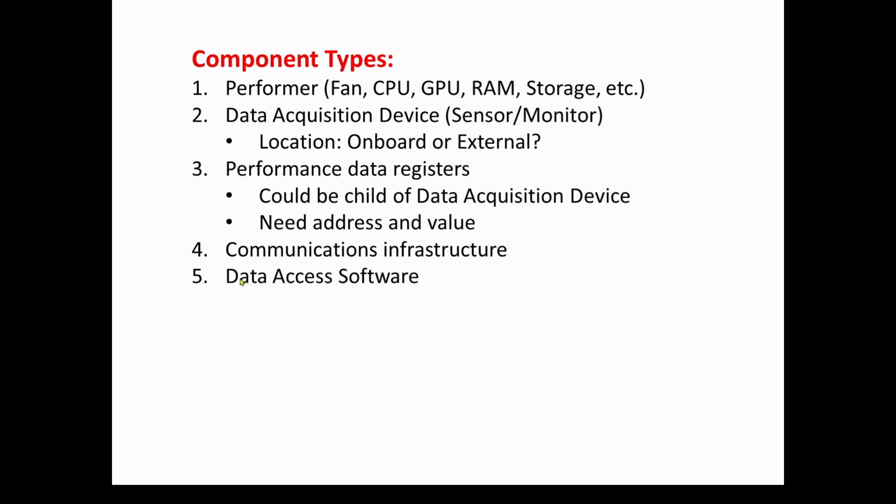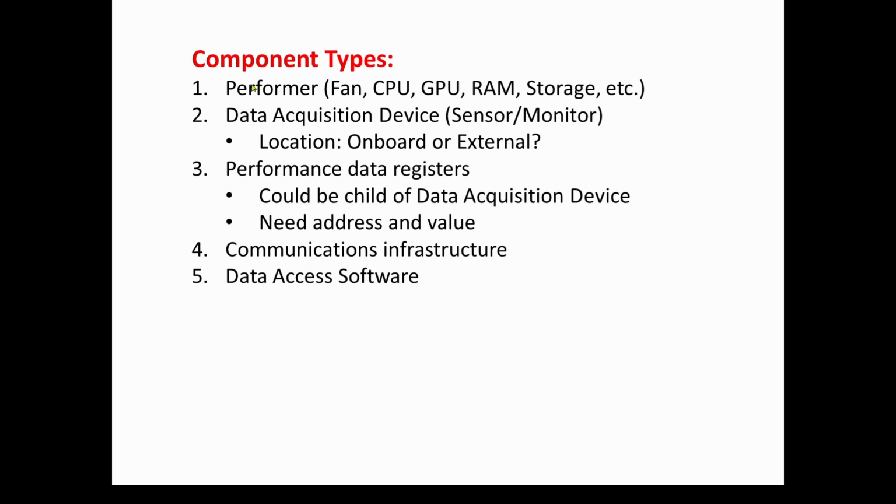So there's either something you have to write yourself, or maybe some library, or an application from a manufacturer you're going to have to use to grab that data from the data register and the data acquisition device over the certain communication path.